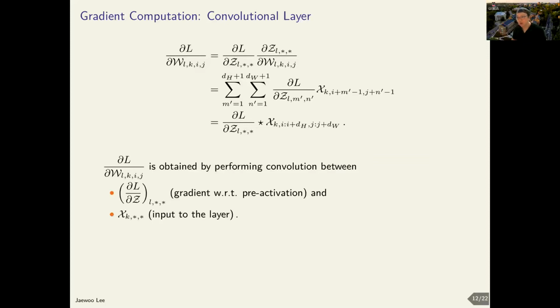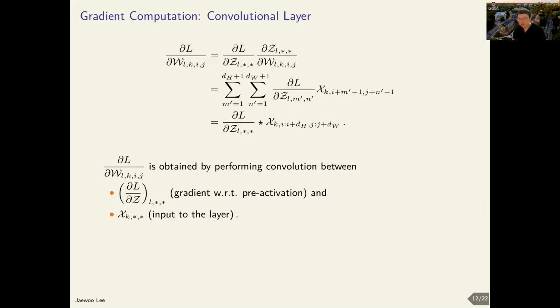After applying simple calculus and manipulating the terms, we observe that the result can be expressed as the inner product between two tensors, where the first tensor is the gradient of L with respect to pre-activation Z, and the second is the input to the layer. Recall that we obtained similar results for the linear layer.